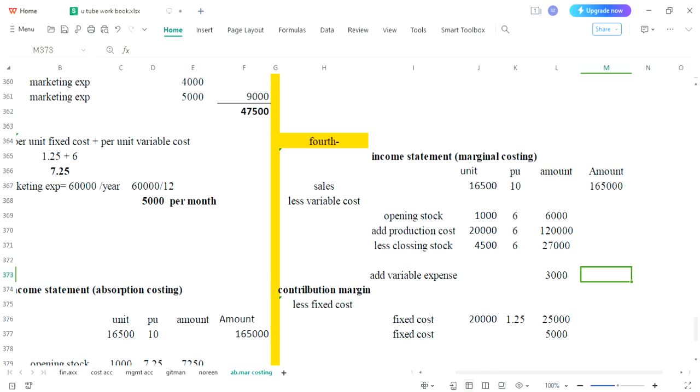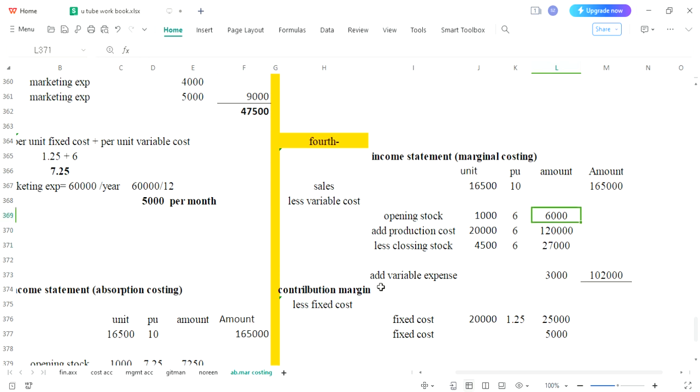It's time to calculate total variable cost, and you will focus upon these signs: add, less, add. First element is opening stock, then you need to add, put sign plus, your production cost, and then you need to subtract, put sign minus, closing stock 27,000, and then again add, put sign plus, and your variable expenses are written over here. 3,000 were variable expenses.